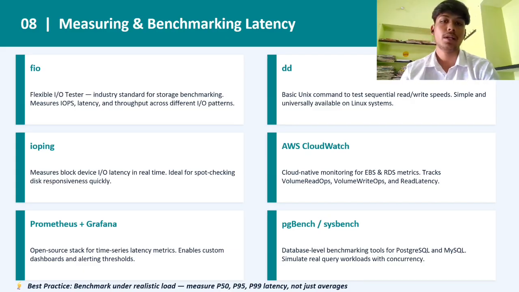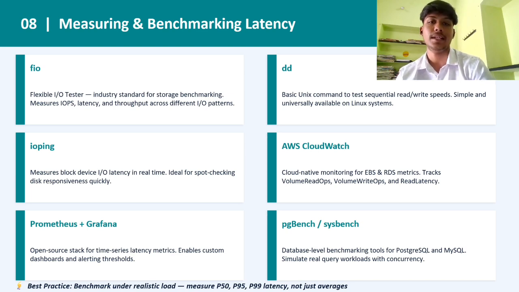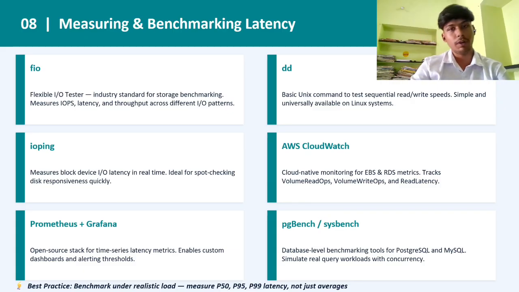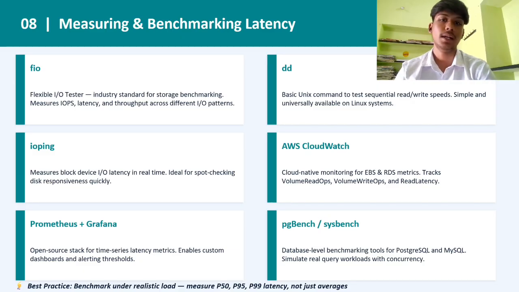The most important best practice we can share here is to always measure P50, P95, and P99 latency, not just the average. The average can look completely healthy while your slowest users are having a terrible experience. P99 tells you the worst 1% of user experience. This is where your real problems get hidden.